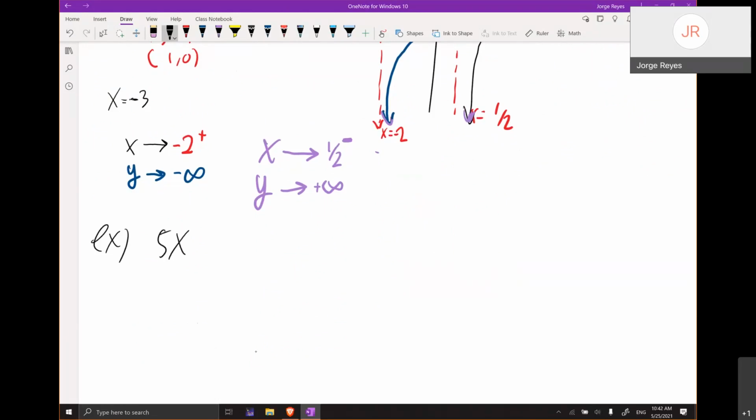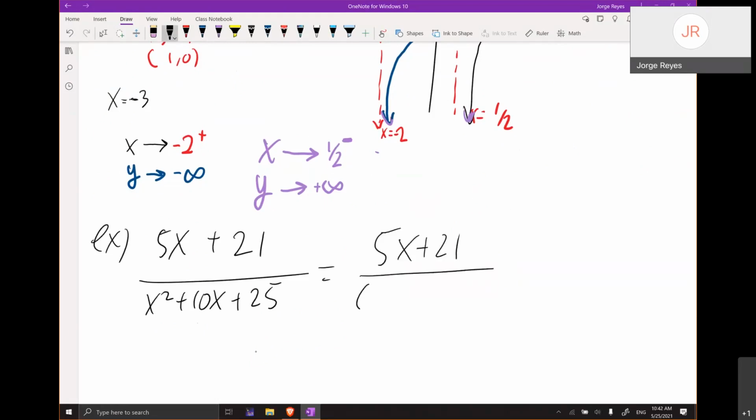5x plus 21 divided by x squared plus 10x plus 25. Okay. So you should factor. The top is what it is. The bottom is actually x plus 5, x plus 5, right?